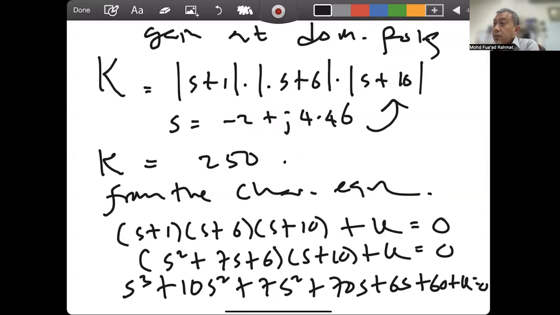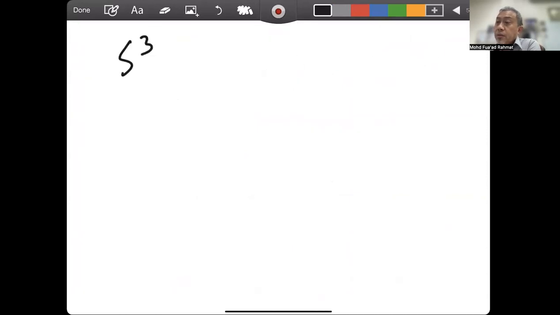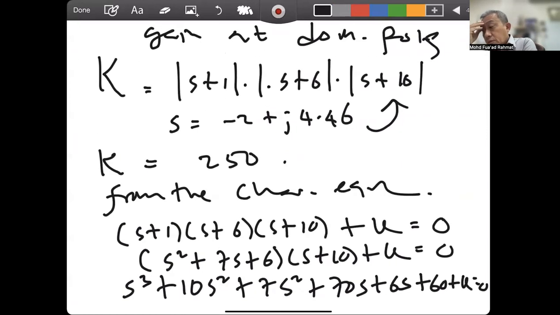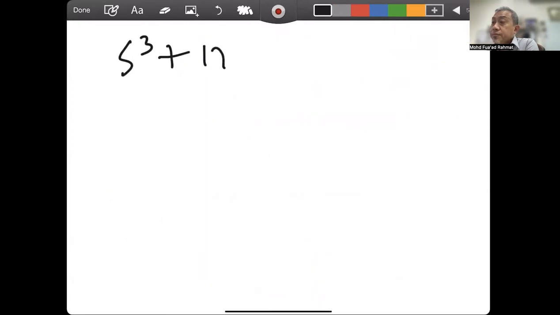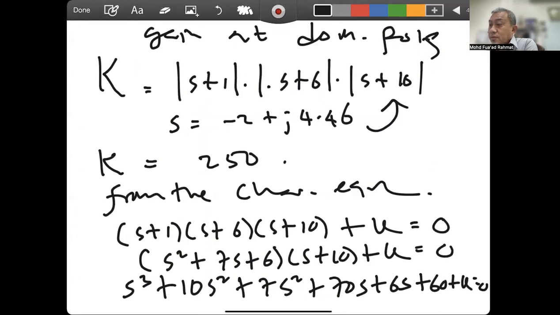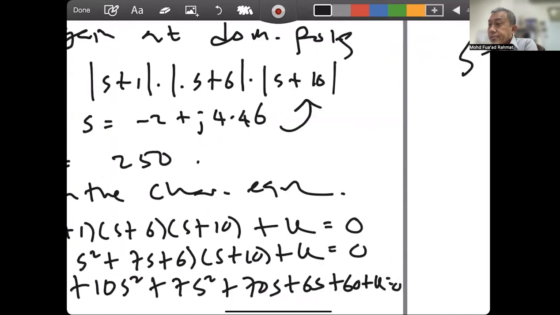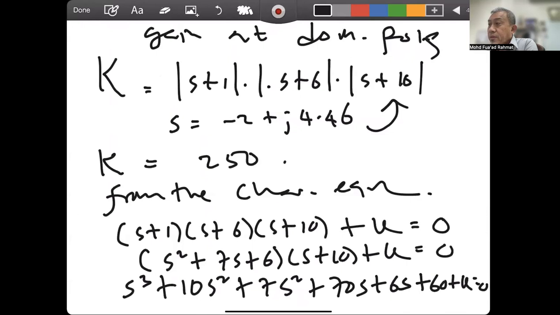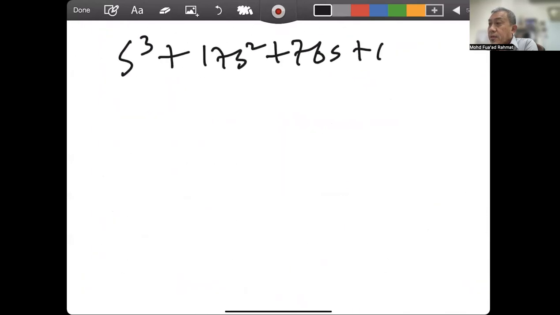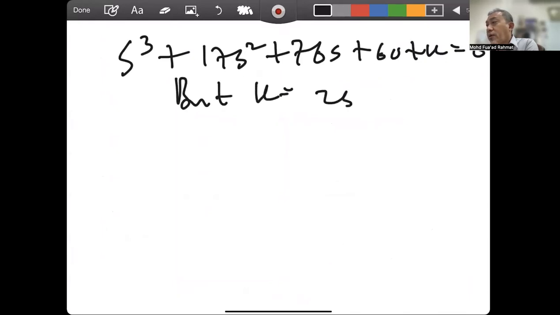Simplify, so you will get s cubic plus 7s square plus 76s plus 60 plus k, but k is equal to 250.